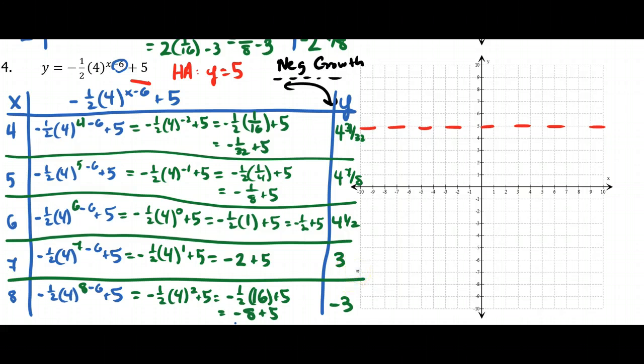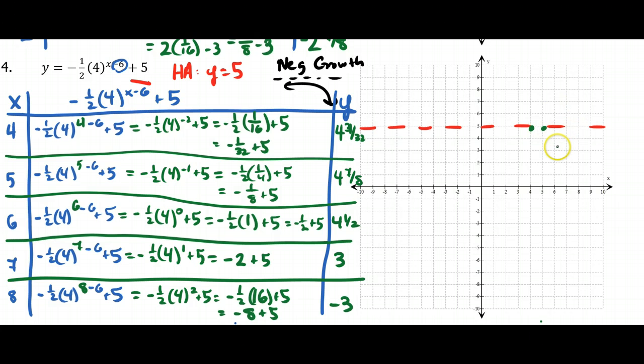So now let's go ahead and plot each of those values, see if we get the shape we were supposed to get. So 4 and 31/32 is pretty close to 5. I'm going to go ahead and just plot this point right here, 4, and then almost 5, so about right there. Then we have 5, 4 and 7/8, which is going to be just about there.